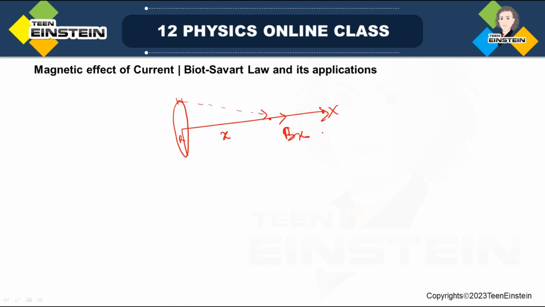So what is the formula for the magnetic field at any axial point? It is mu 0 I r square by 2 into x square plus r square whole to the power 3 by 2.